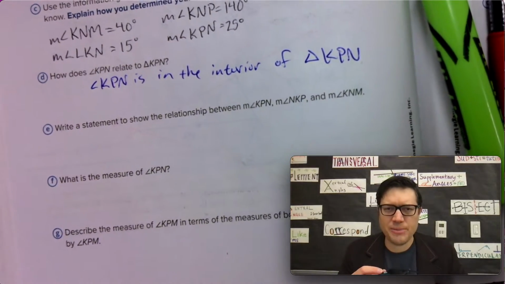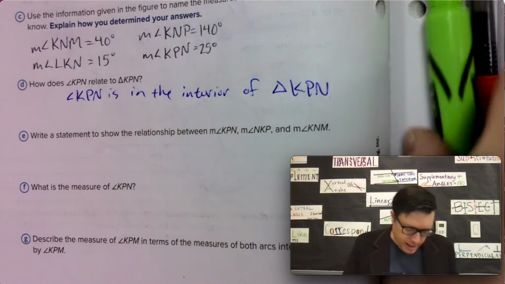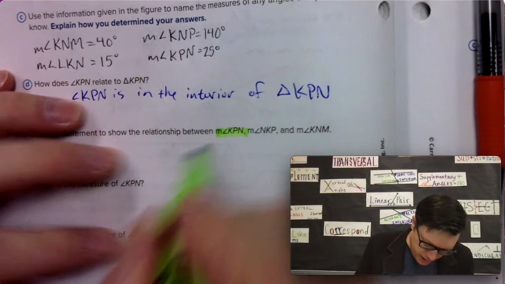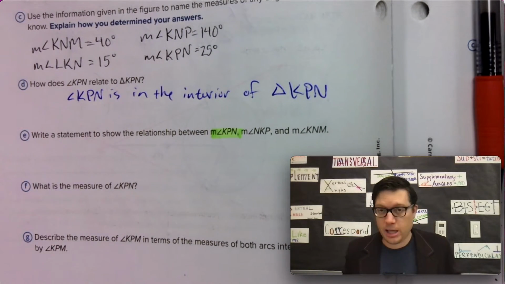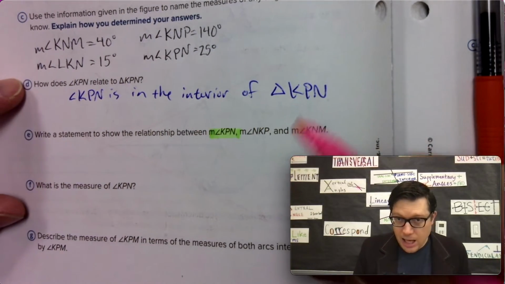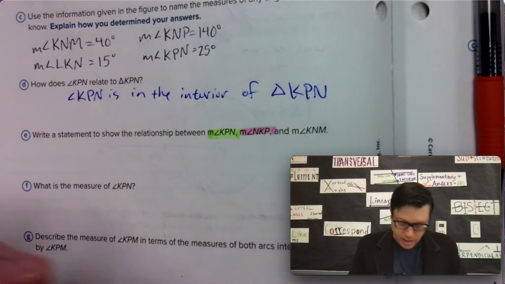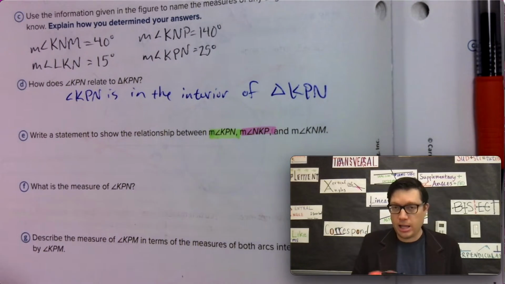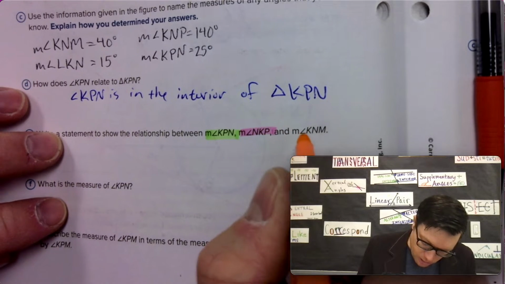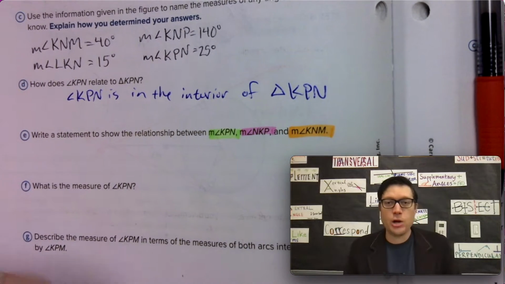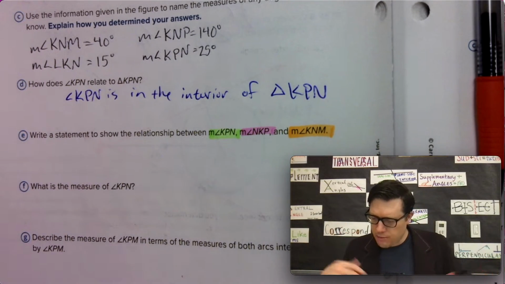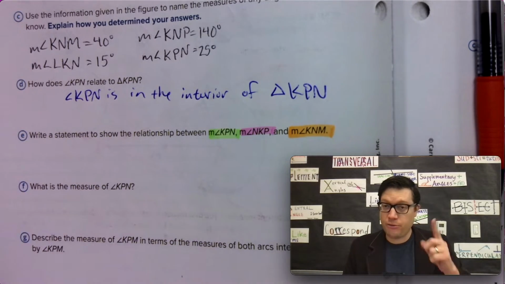That's a lot of letters. Let me see if I can figure that out. I'm going to highlight KPN green and find it in the diagram and highlight it green. I'm going to highlight NKP pink, and find that in the diagram. I'm going to find angle KNM and highlight it orange. And then I just want to observe what sort of relationships we get from those.